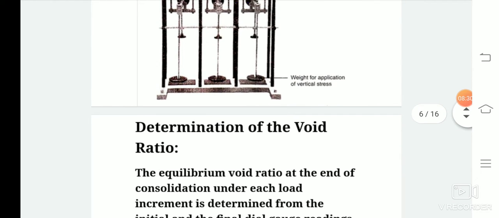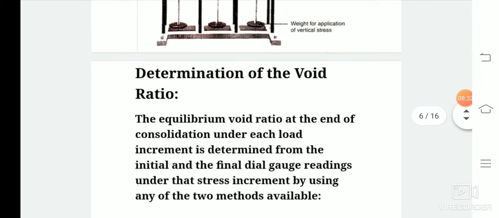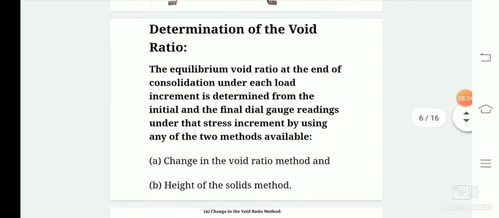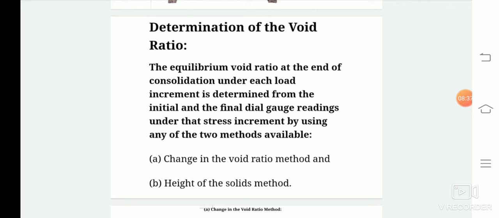So what are the parameters that can be determined from this consolidation test? We can determine the coefficient of consolidation, or we can determine the void ratio from this test. So how to determine the void ratio?